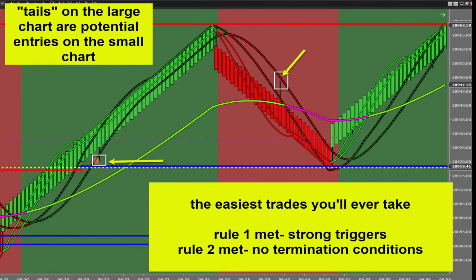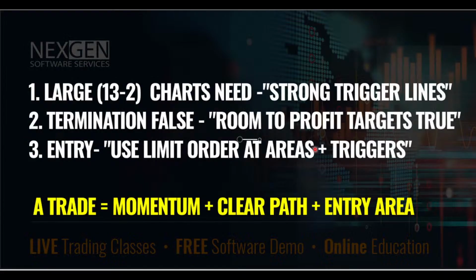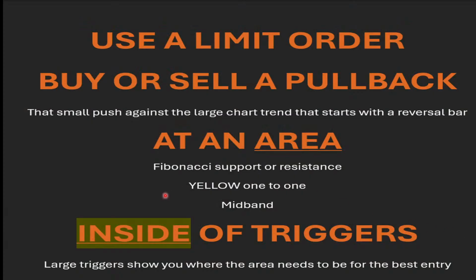And without momentum and path, you could never say you're in a high probability trend trade, which means that without momentum and path, you could never say this is a trade that typically wins 70 to 80% of the time. The recipe for the perfect trade is momentum plus path, rules 1 and 2 met without question, and then defining your entry. Being so precise that you'll use a limit order. Literally wait for the market to come to you.